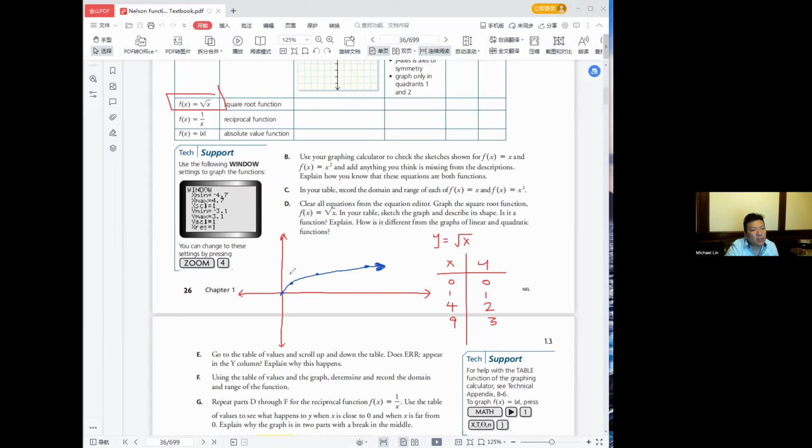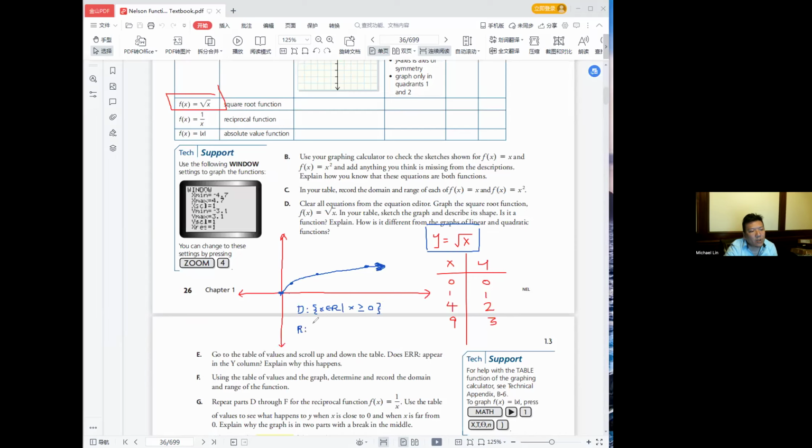Okay, so this is the general shape for my radical function. Okay, and then if we take a look at some of the characteristics of this function, you can see that the domain is x belongs to all real numbers, such that x has to be greater than or equal to 0.